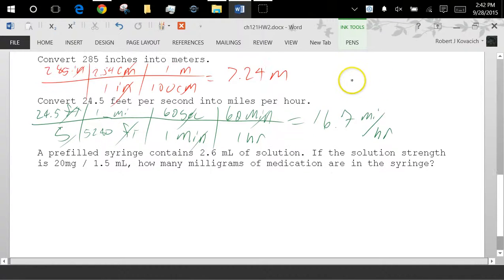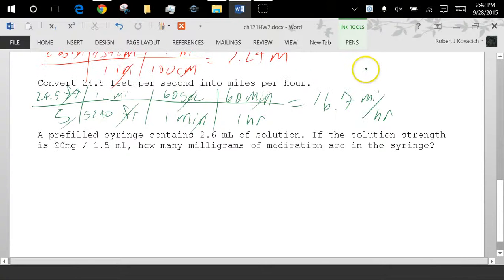Okay, this last one is definitely a healthcare question. What am I looking for in this? Milligrams. You're looking for milligrams for your answer, right? So I need milligrams, and I was only given milligrams in one of these numbers, so I'm going to put 20 milligrams per 0.5 milliliters. That's great.